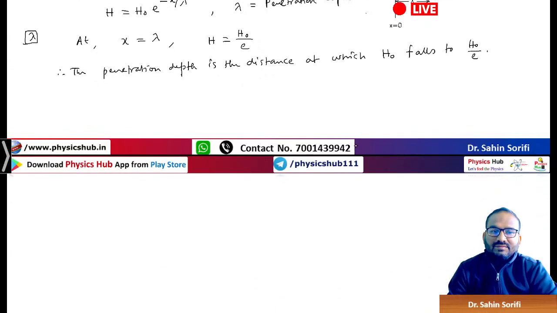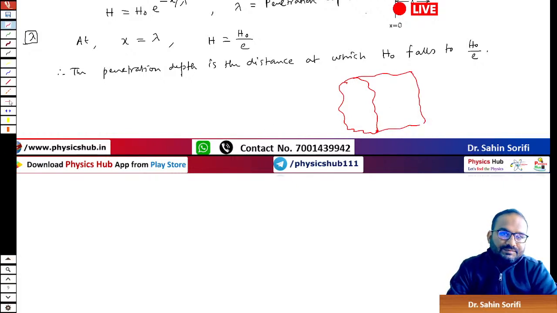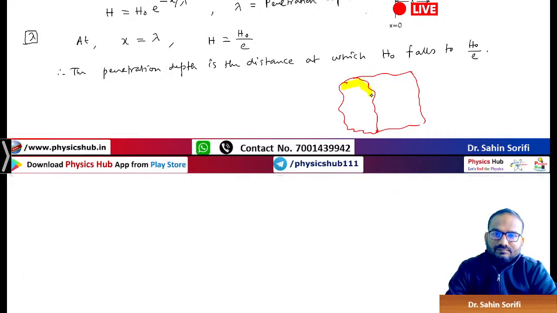Just imagine something like this. Let's say this is the cutout of a superconductor. This is the surface of the superconductor and this is the body.